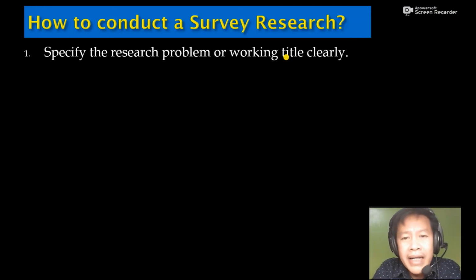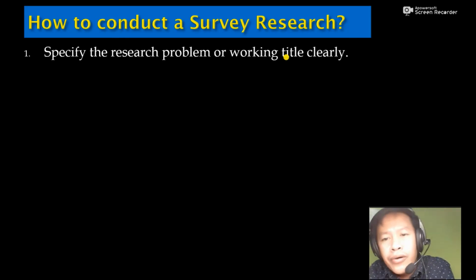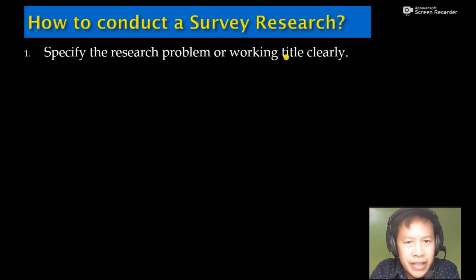If we are curious about the cultural practices of an ethnic group, we are doing so-called qualitative research, and qualitative research requires primary data. But take note, if we are conducting qualitative research, it is not considered survey research.